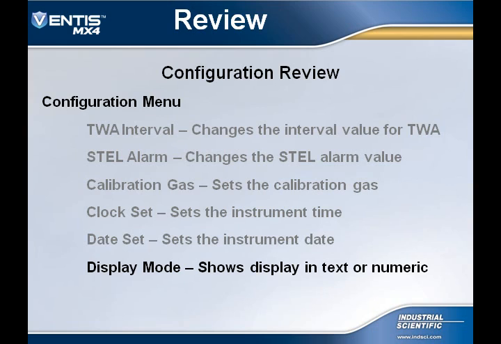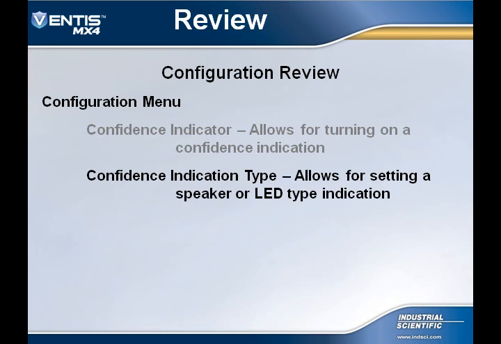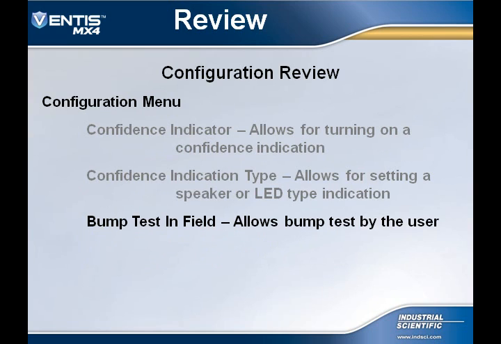Display mode allows showing display in text or numeric. Confidence indicator allows for turning on or off a confidence indication. Confidence indication type allows for setting a speaker or LED type indication. Bump test in a field allows bump test by the user.